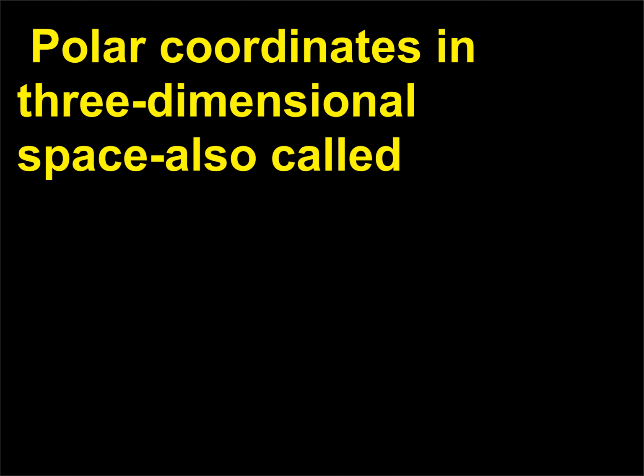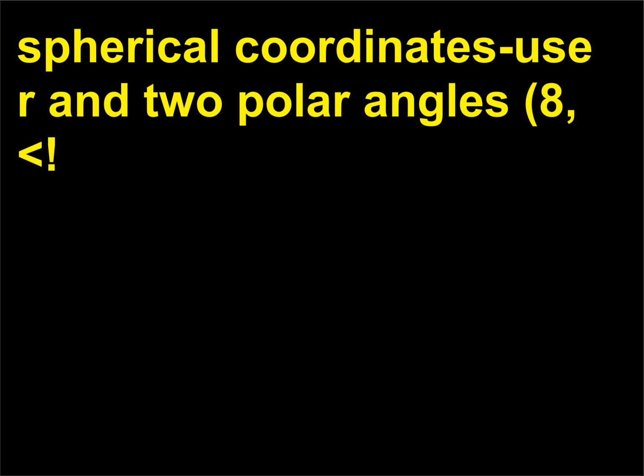Polar coordinates in 3-dimensional space, also called spherical coordinates, use r and 2 polar angles, θ and φ, to give the direction from the origin to the point. To compare, a 3-dimensional polar coordinate system overlaps the Cartesian system in several ways.